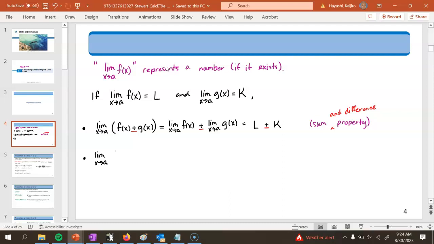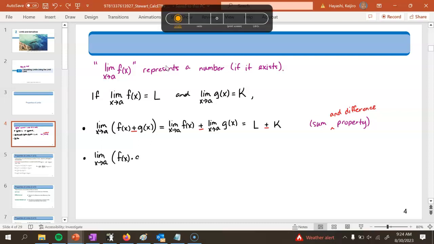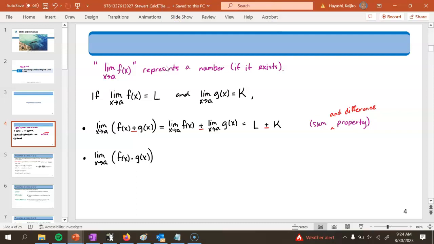Okay, if you have the limit of a product, so a limit of a product will equal the product of the limits. So it's just like you're taking the two separate limits and multiplying them together.